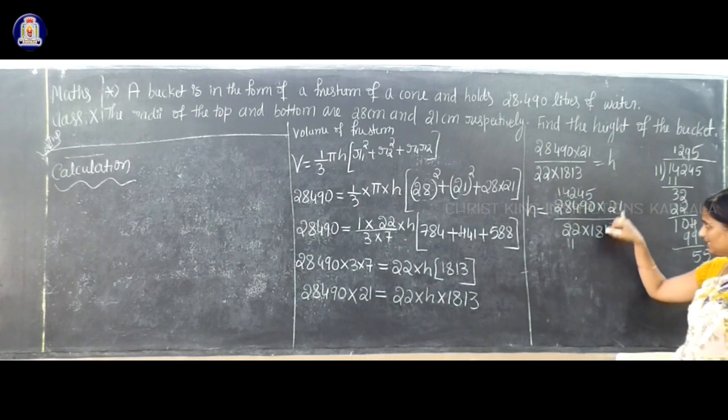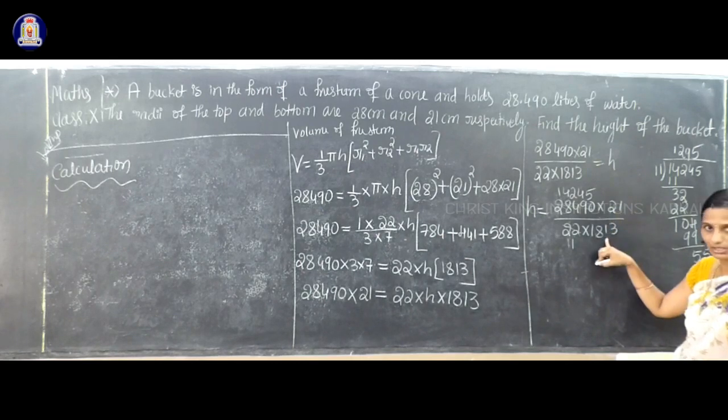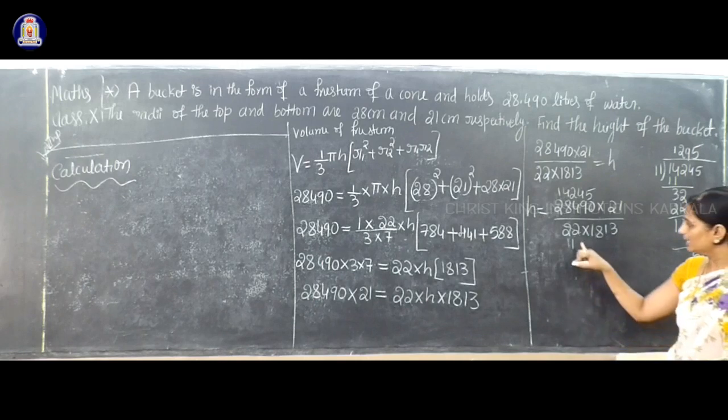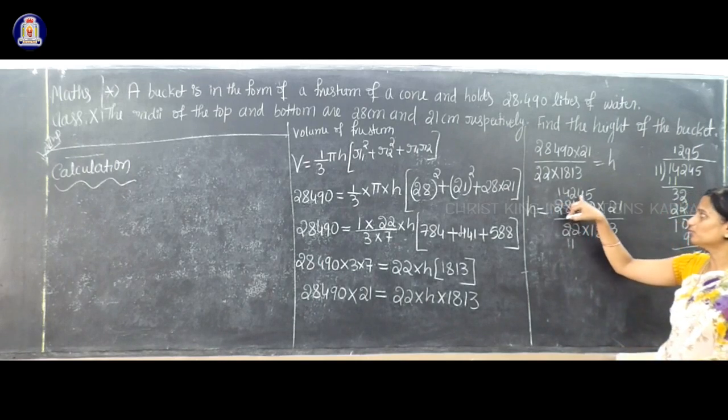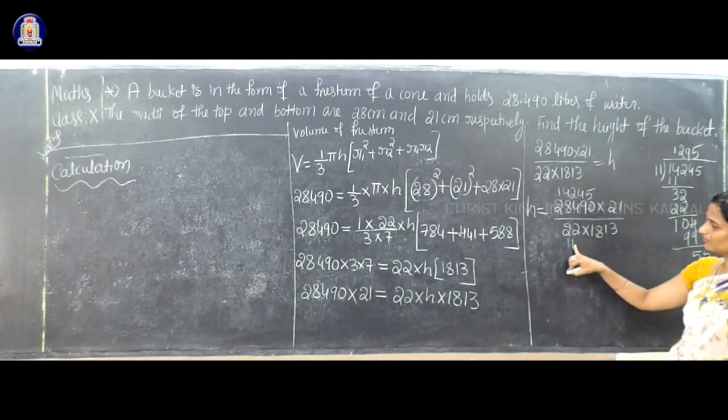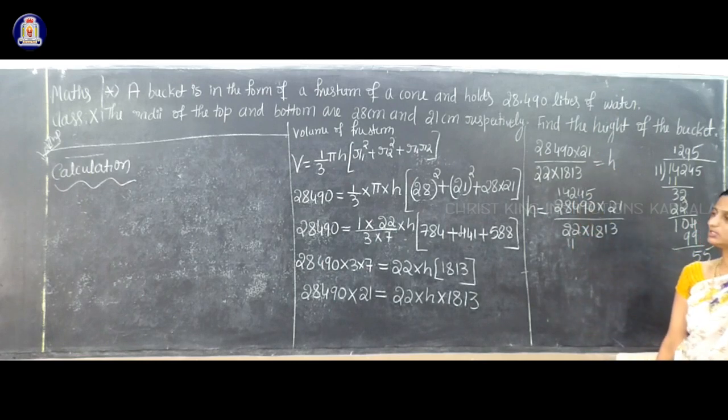Next I am seeing these two numbers. Is it possible to divide? Is there any common factor to this one? Not possible. Next is 11 and 14245. So now I will check whether this division is possible. 11 ones are 11, 3 remainder. Next is 2. 32 means 11 twos are 22, 10 remainder.